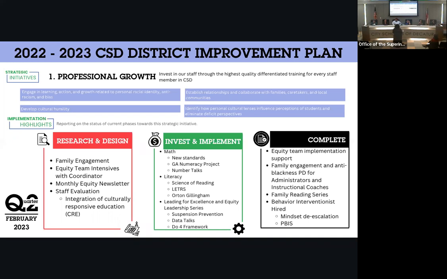This year, CSD is also implementing the second cohort of the Language Essentials for Teachers of Reading and Spelling, also known as LETTERS.